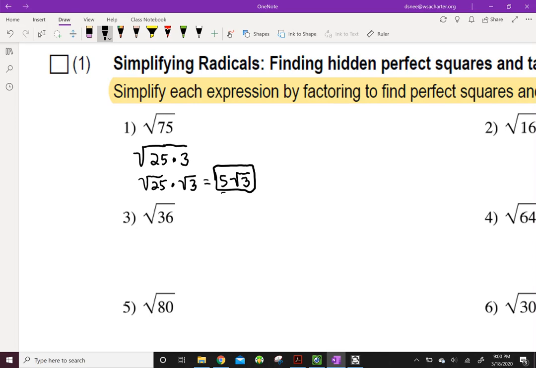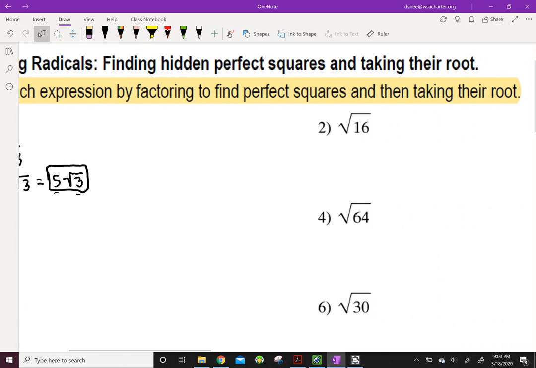Now I have prime numbers, prime factorization. Okay, over here, number 2, well, 16 is a perfect square. If I type in second and the x squared key, and then I type 16 equals into my calculator, I get 4.